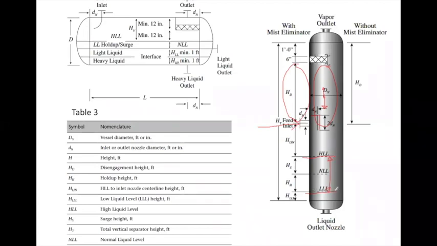And we have to maintain this lower liquid level because we always have to feed the other separator or other processing unit, where this liquid will go for further separation. Therefore a continuous flow must be maintained, so we always have to maintain this lower liquid level. Now if you go above this higher liquid level, then the separation efficiency will go down.